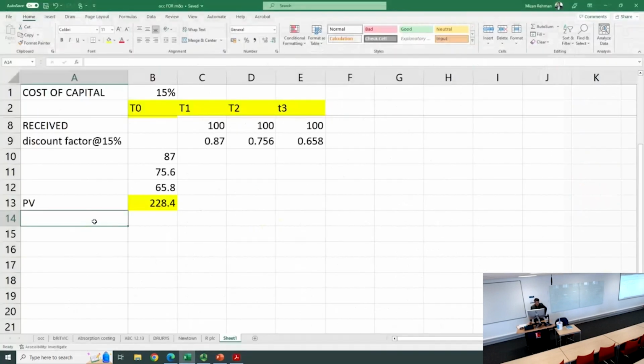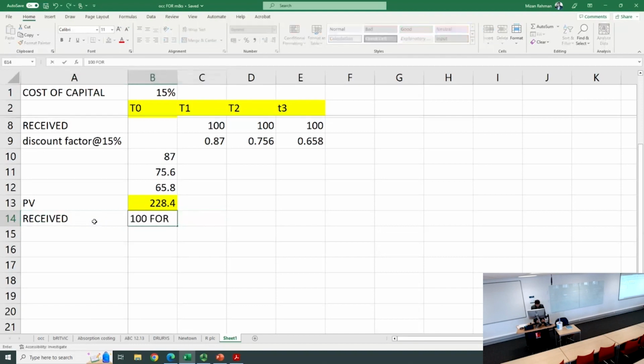we calculate received 100 for 3 years. PV, okay, discount factor or annuity factor.